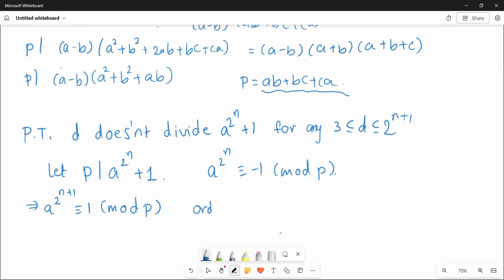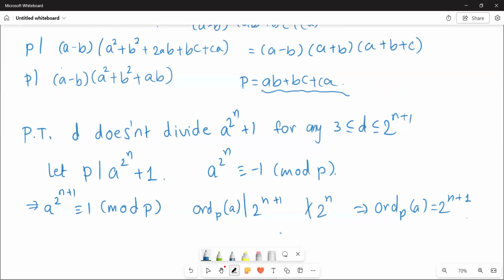So the order should be 2 to the power n plus 1.